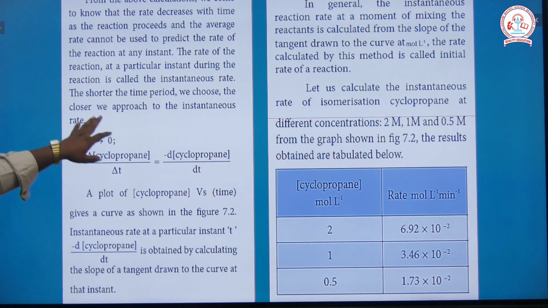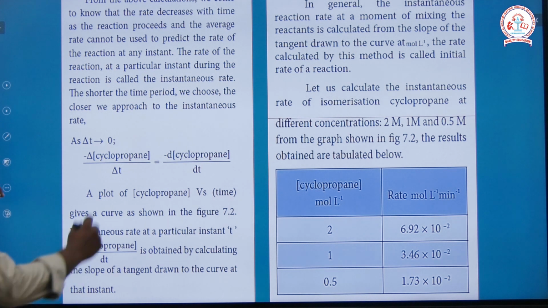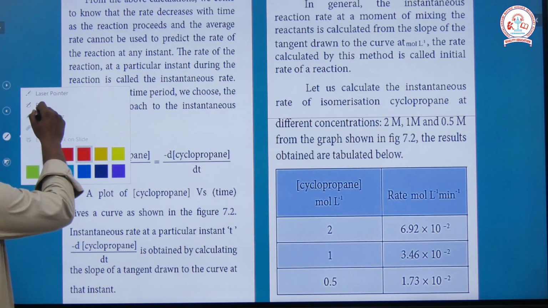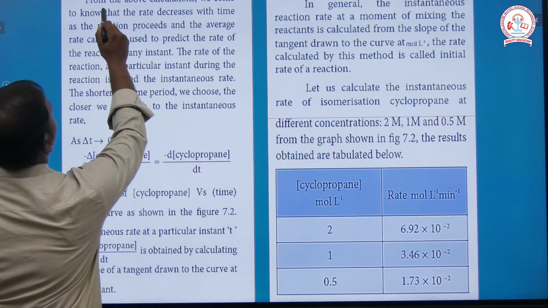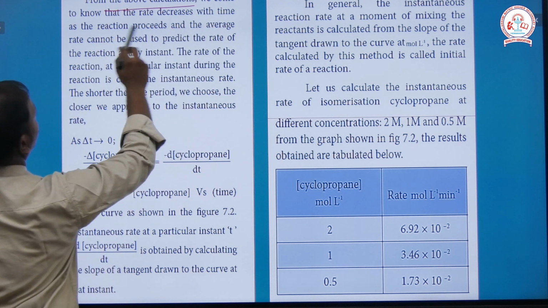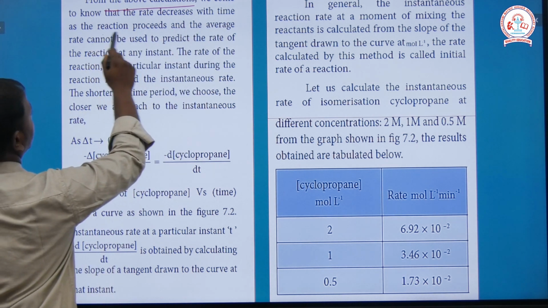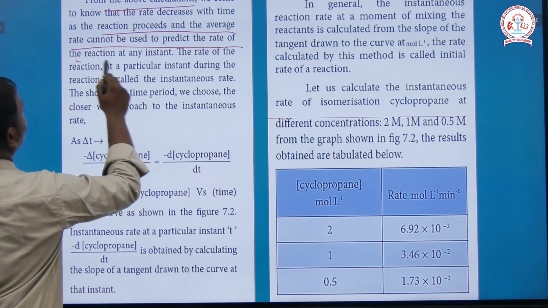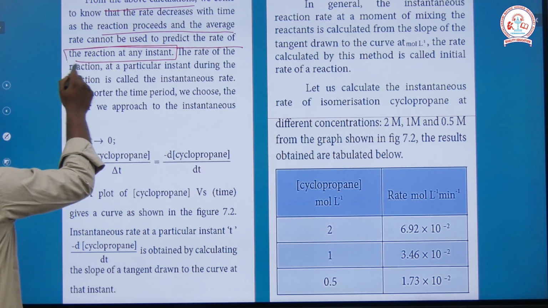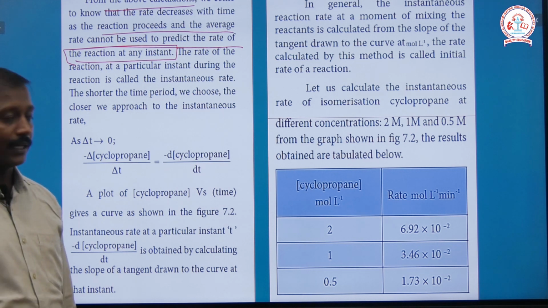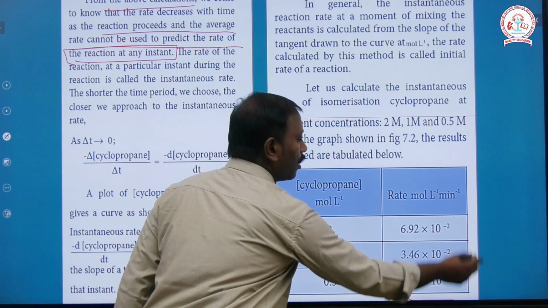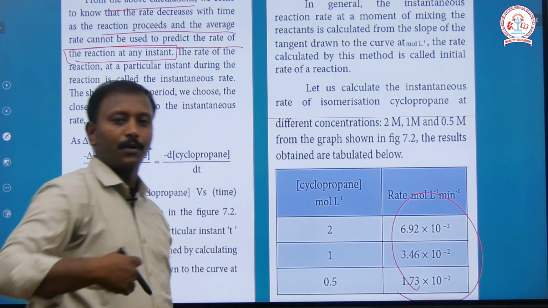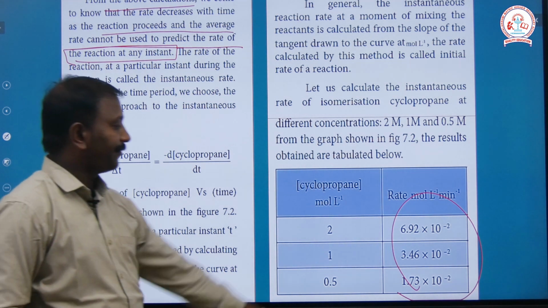Next, the instantaneous rate of reaction. In the above calculation, we come to know that the rate decreases with time as the reaction proceeds, so the average rate cannot be used to predict the rate of the reaction at any instant. For the average rate, we find the overall rate and take its mean value.